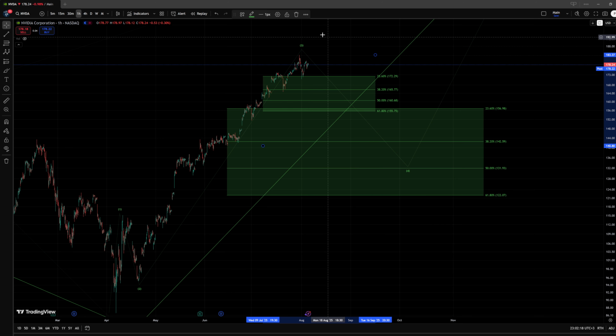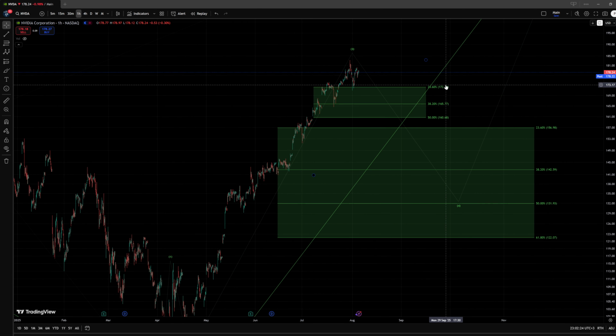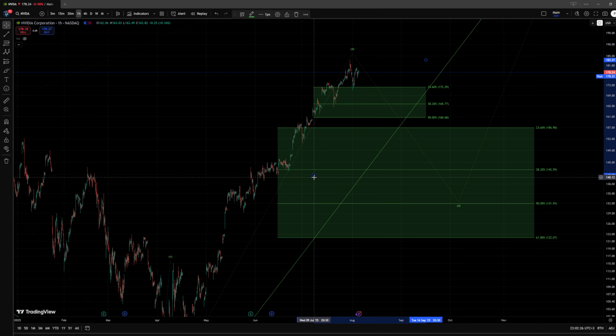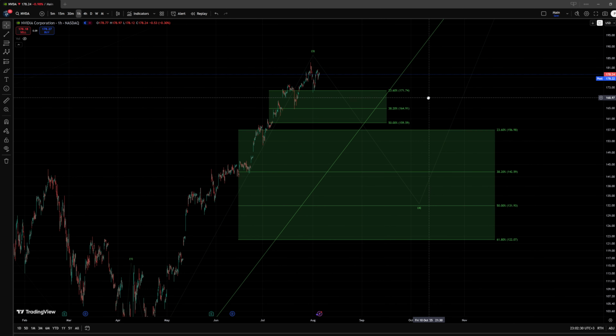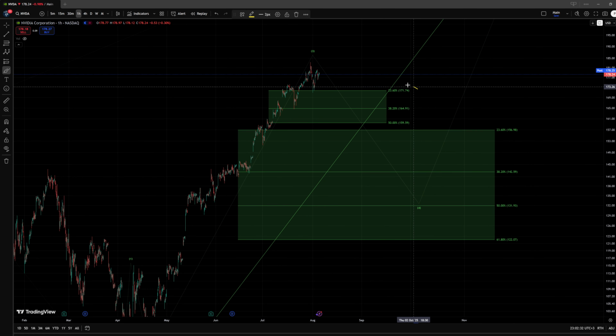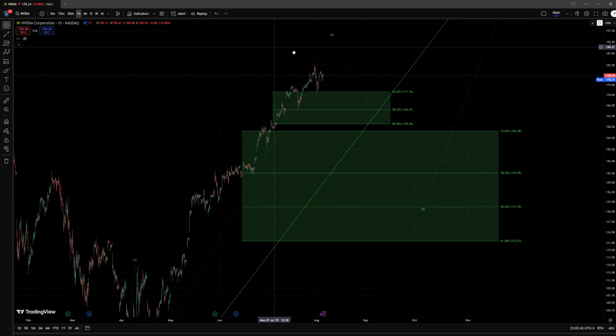I would be looking for support in the area between $171.7 down to around $159.6 for such a smaller wave 4 where this third wave would extend.